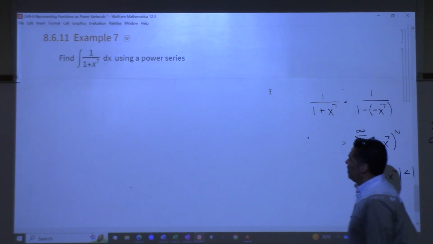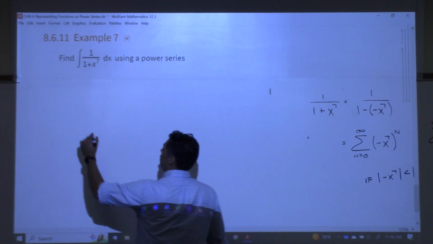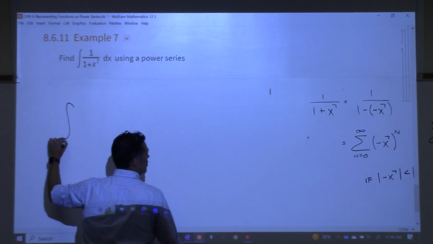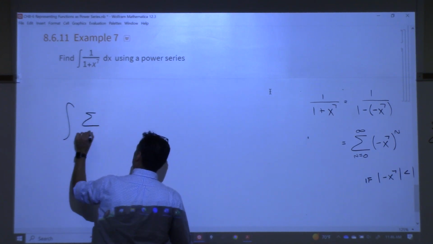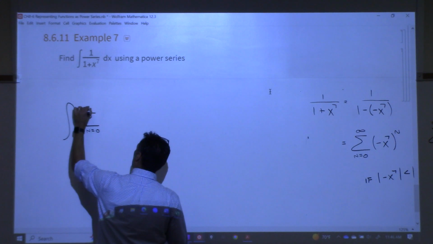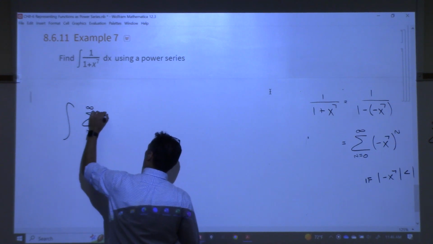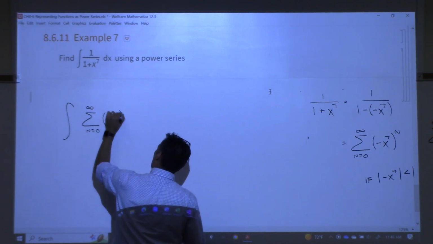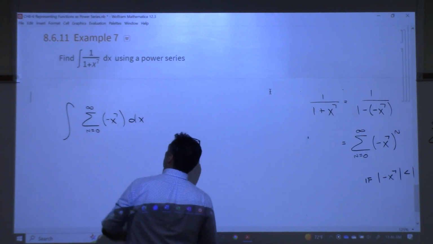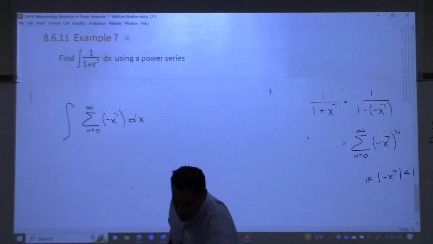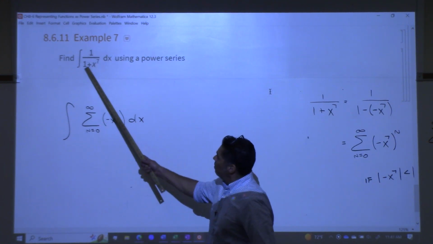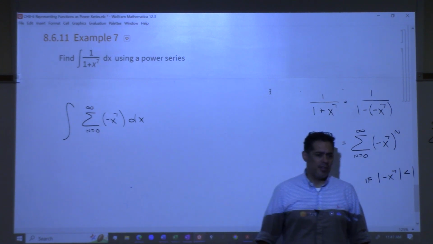So that means the original integral, we're doing the integral of this series. See, all I'm doing is replacing the integrand with its power series representation.